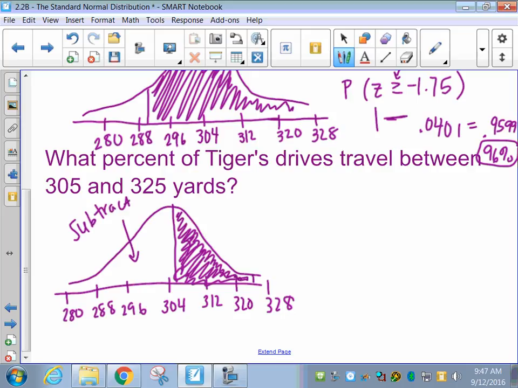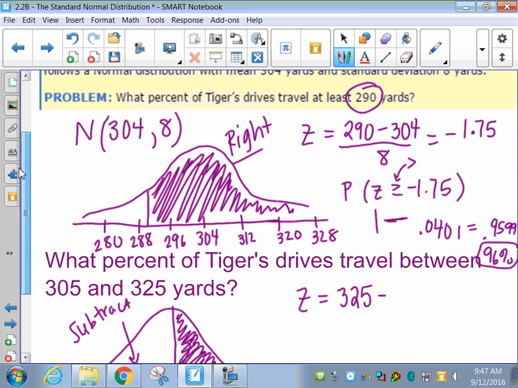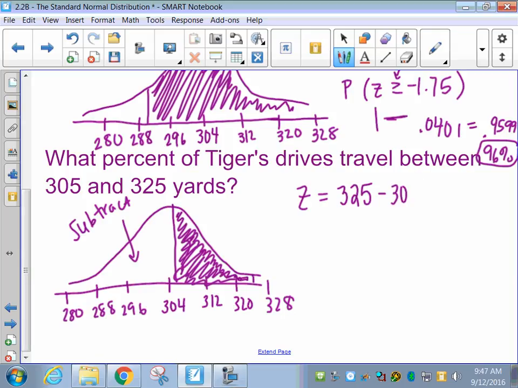So what do we have to do first before we can use table A? Find the z-scores for each one. Okay, so a z-score of, we'll start with 325. So we do 325 minus the mean, which is 304, divided by the standard deviation. Gives me a z-score of 2.63.